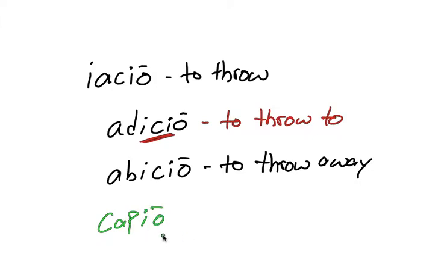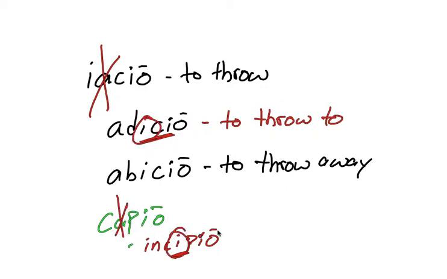The same thing happens in the compounds of capio. Okay, so here's an example of a compound of capio, incipio. So capio becomes cipio. Basically what happens is the A is becoming an I. Okay, incipio means to begin. That's a really common thing to see in third conjugation IO verbs.